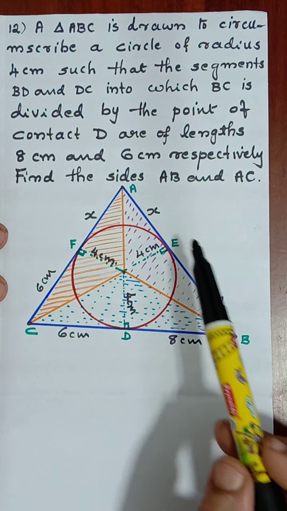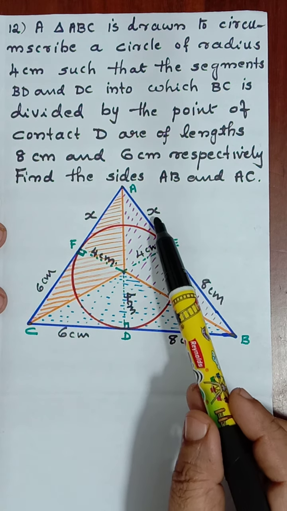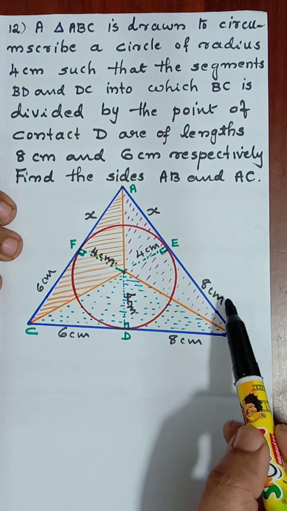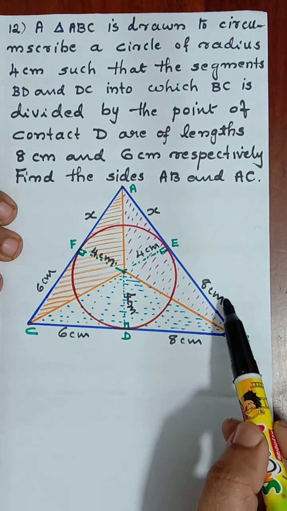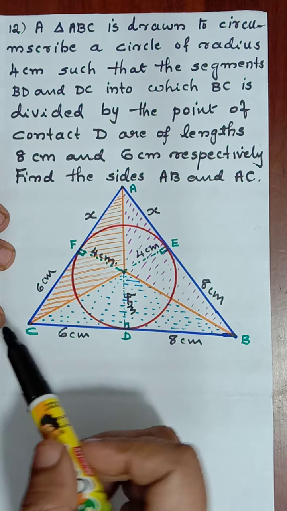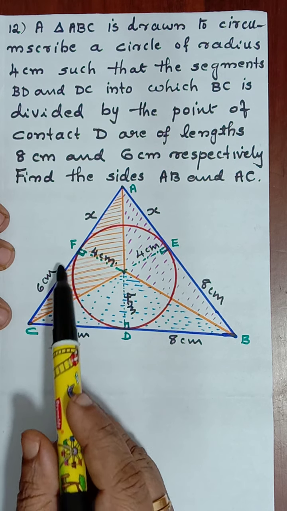AB means here it is x plus 8, we have to find out. What is this x which is unknown? We have to find out. I wrote it as 8 because length of the tangents are equal from an external point to the circle. Similarly, in this case, DC 6 is given to us, whereas CF is also 6.